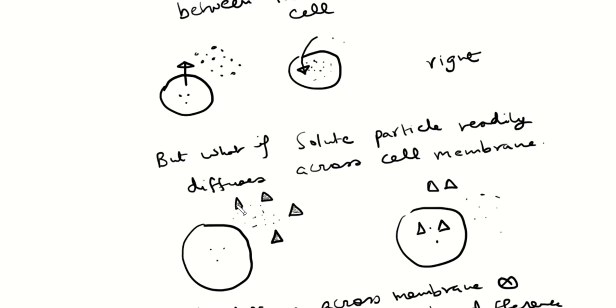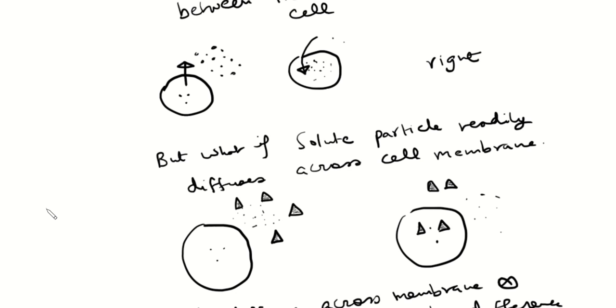Well, they diffuse through the cell membrane, and they do it readily. So what happens? If something diffuses very readily through the cell membrane, it's going to go from where it's more to where it's less. Remember, we talked about diffusion.